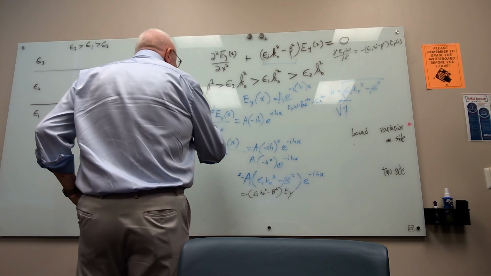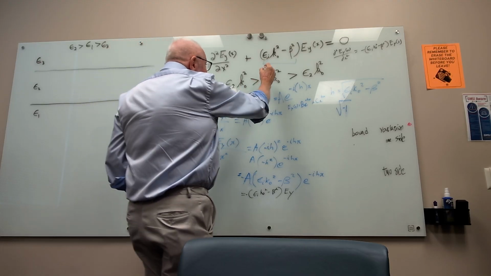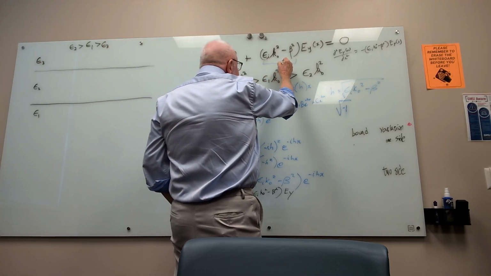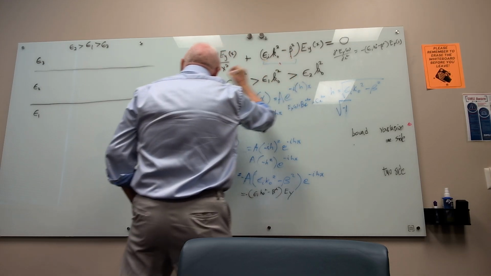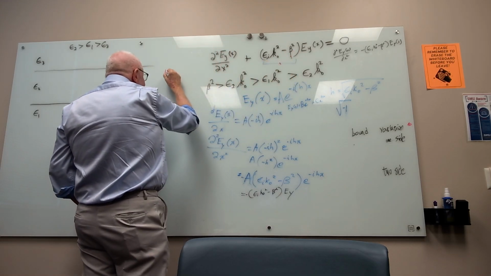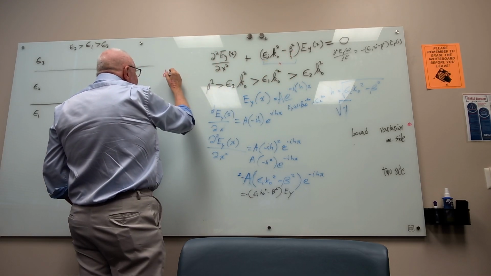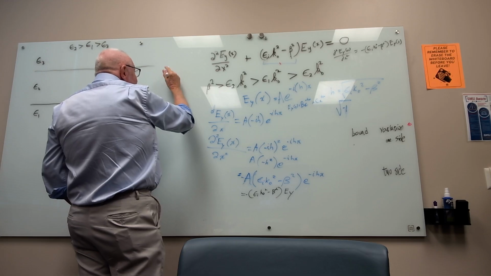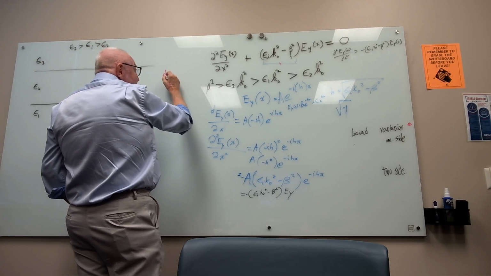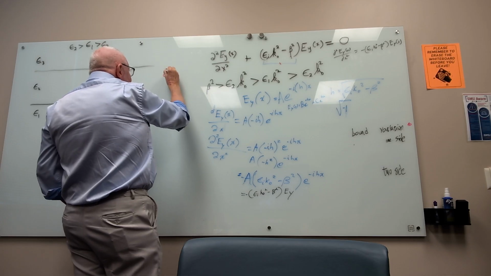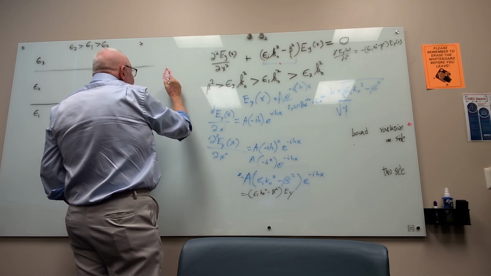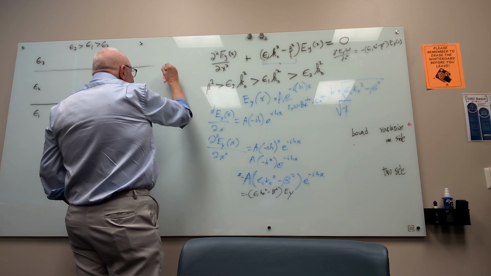Here, the way I look at this, beta's larger here. This is negative. So that tells me, okay, the second derivative, I'll just use y, since this should be partial x squared.